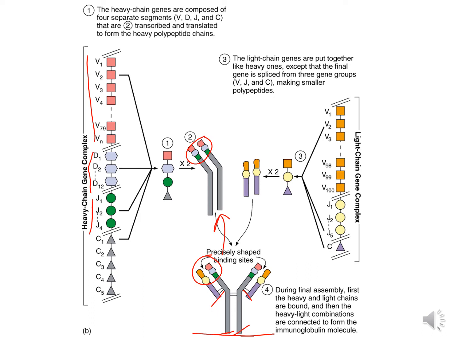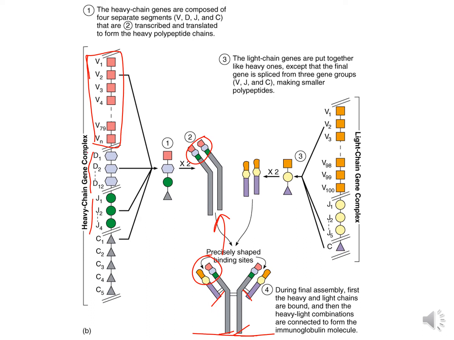Every heavy chain variable region has one V region, one D region, and one J region. But for the V region, there are over 79 options for the structure of the V region. So there are 79 possible genes that you can select from to determine the shape of the V region.